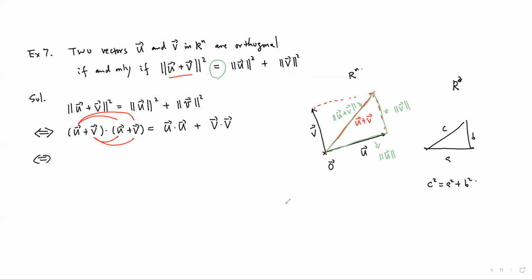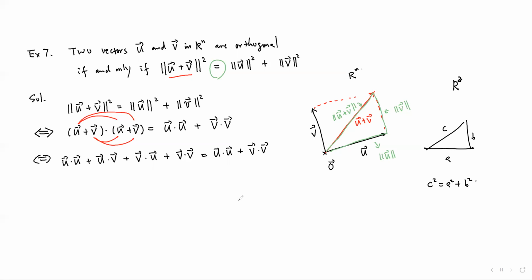Then we have U dot U plus U dot V plus V dot U plus V dot V on the left side, and U dot U plus V dot V on the right side.